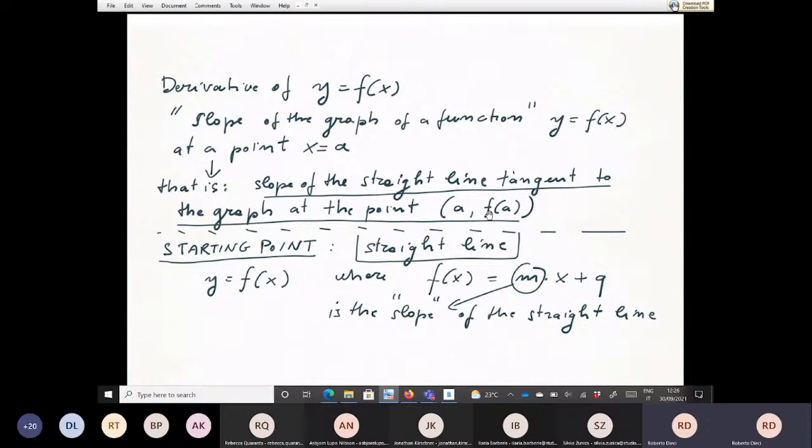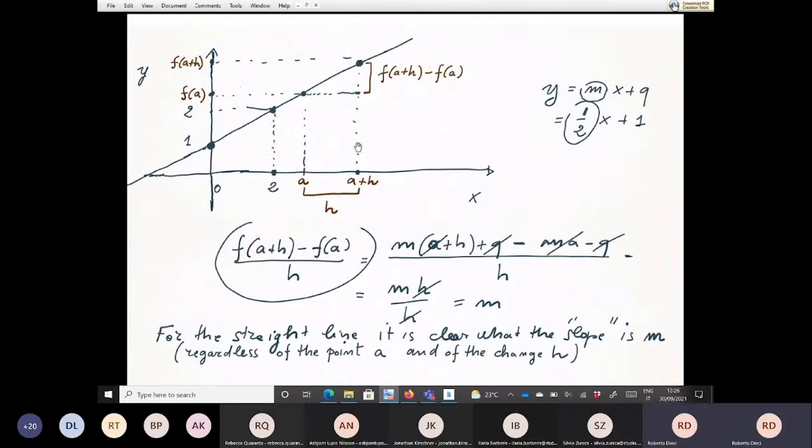We start from the straight line. We know that the equation of the straight line regarded as a function is slope m times x, the free variable, plus q, the intercept. This is already the notation that we use for derivatives, slightly different from the previous notation for the straight line.